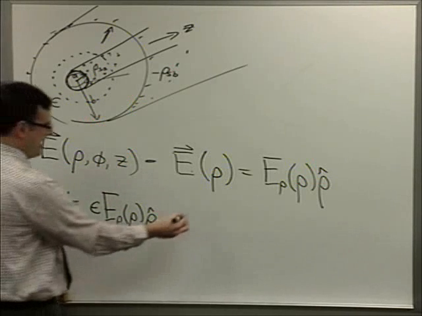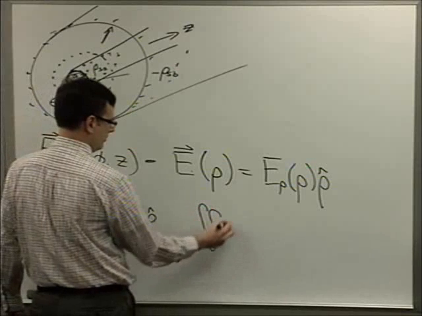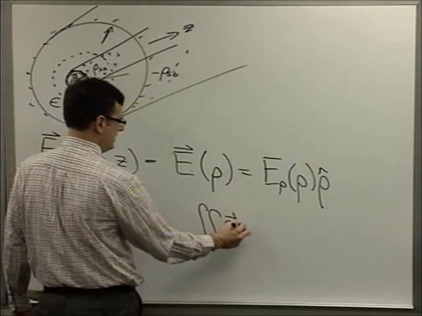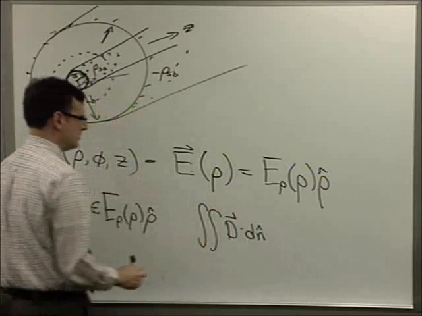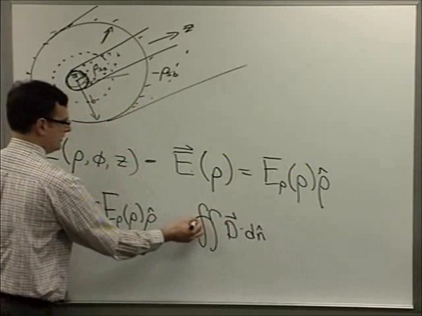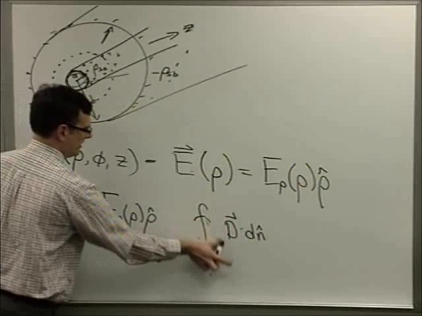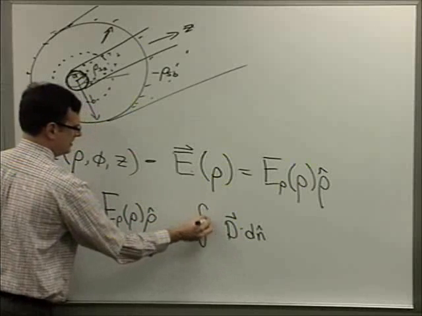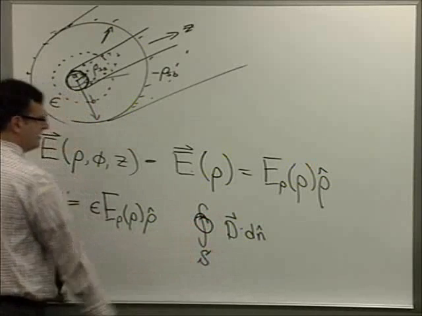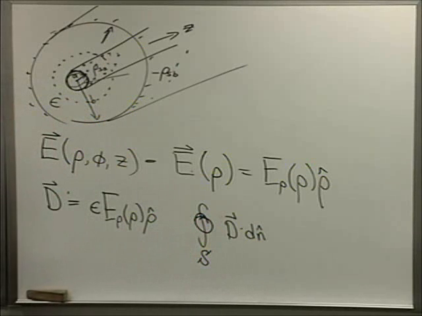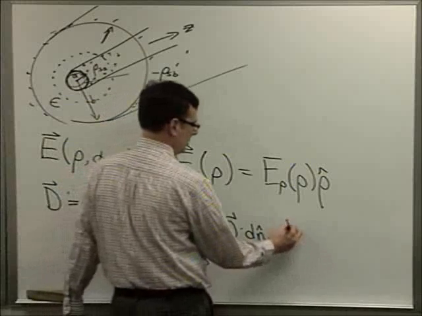Gauss's law says my surface integral of D dotted into the surface normal around an enclosing volume. Let's write it this way, keep the mathematicians happy, enclosing surface, is equal to enclosed charge.